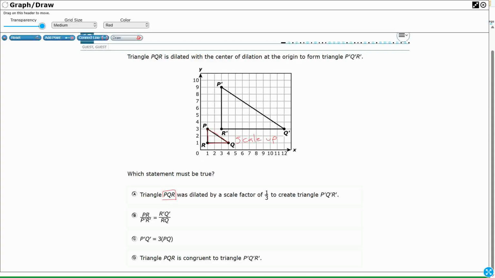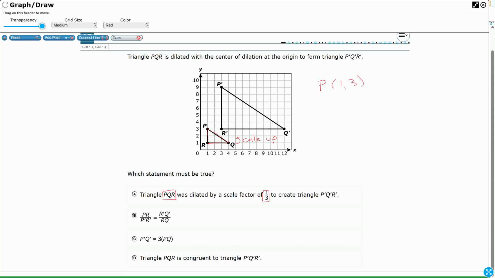Triangle PQR was dilated by a scale factor of 1/3. See, it's not going to work. Well, let's just take a look. Let's look at P. P is 1, 3.